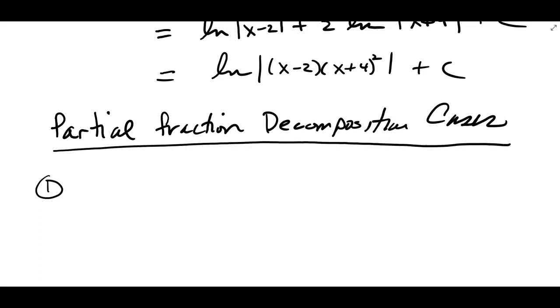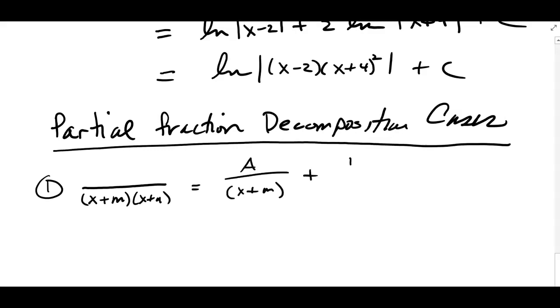And it really just comes down to your factors, right? So if your original is over something where you can factor into x plus m and x plus n, then you have one term for each, just as the one we just did.